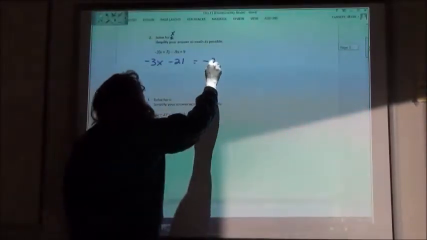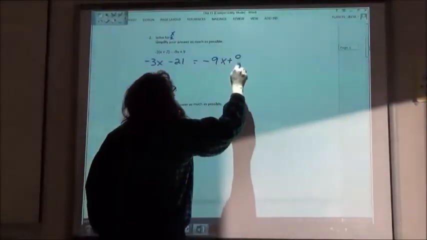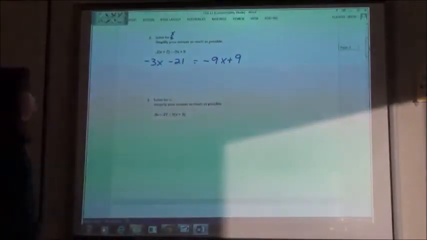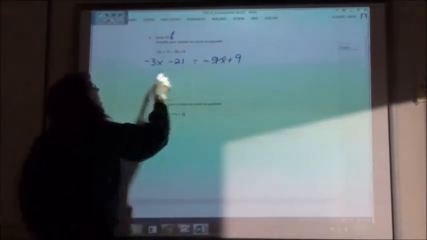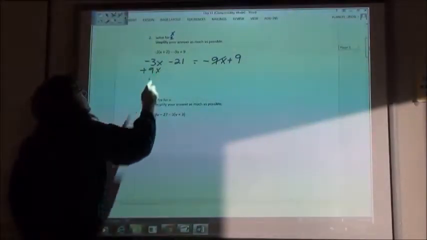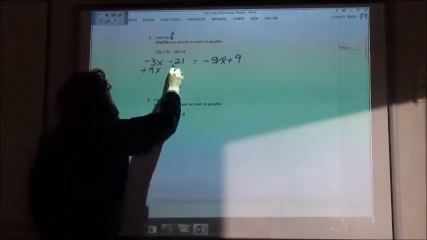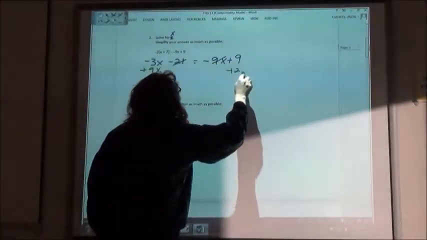We just want minus 21 equals negative 9x plus 9. Okay. Next thing we're going to do, the 9 comes over, so I'm going to add my 9x, and the 21 becomes a positive 21.